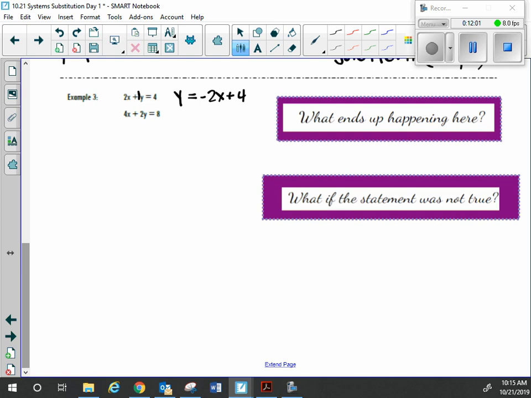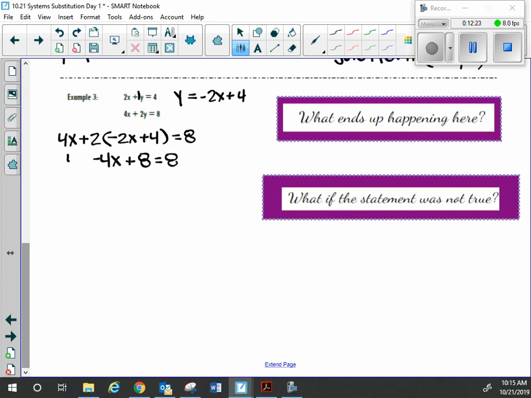8 equals 8. So you had 4x plus 2 times -2x plus 4 equals 8. So if you didn't distribute right, that's a problem. Because when I distribute the 2, -4x plus 8.